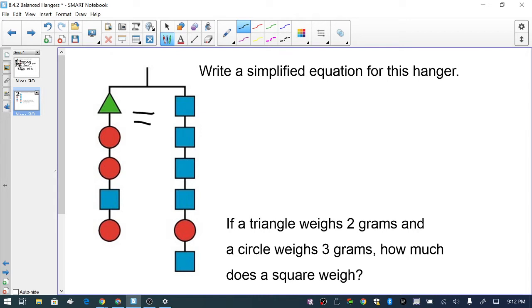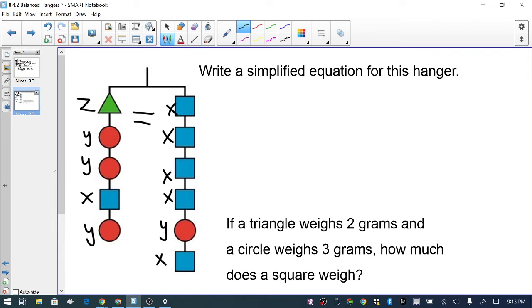Okay, let's do it. Let's say that a triangle equals z, a circle equals y, and a square equals x. Now I'll just go ahead and fill out all of these. Square is x, circle is y.